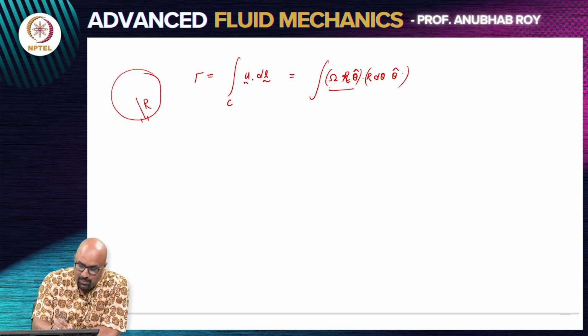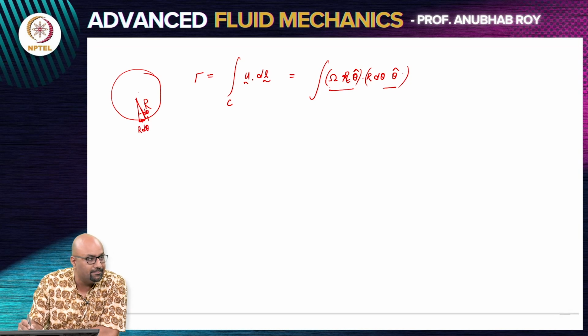And the line element here is going to be capital R d theta over this small strip. This is the line element. So, if this is d theta, this is capital R d theta, and the direction is along theta cap. So, this is my dl.